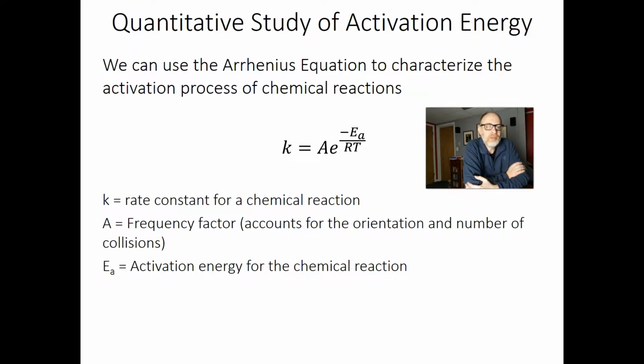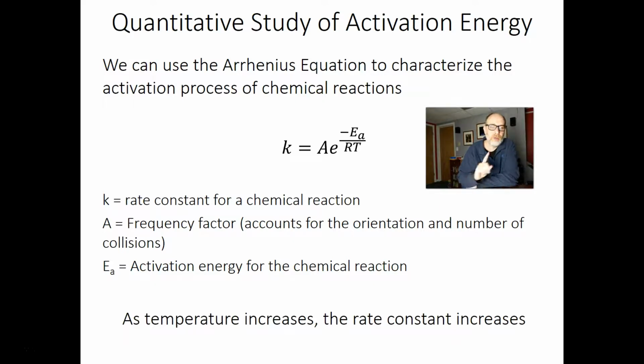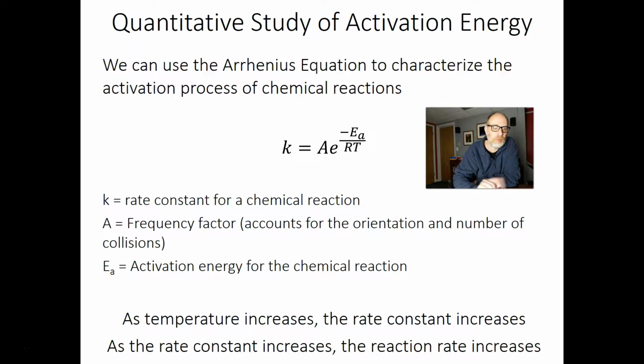And so you have those terms. You've got a temperature term there. The higher the temperature, the larger the rate constant will be. So now you might understand that's why we must heat a chemical reaction. When you heat it, you're making the rate constant increase. So as temperature increases, the rate constant increases, and as rate constant increases, the reaction rate will increase.